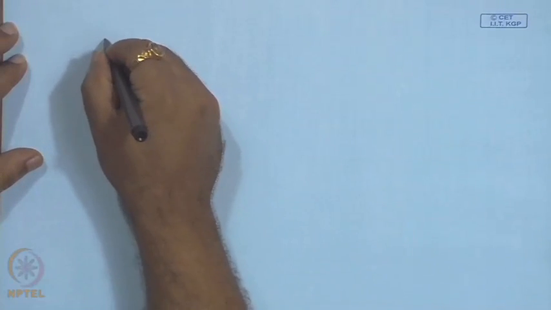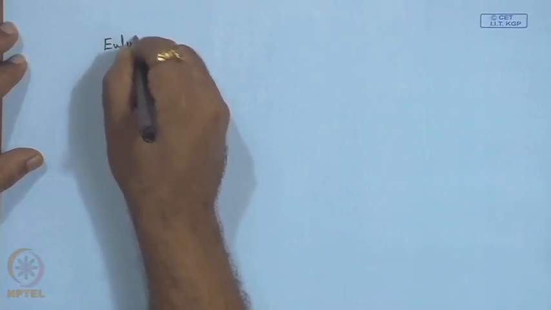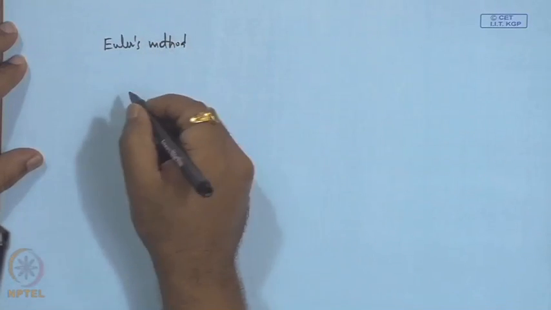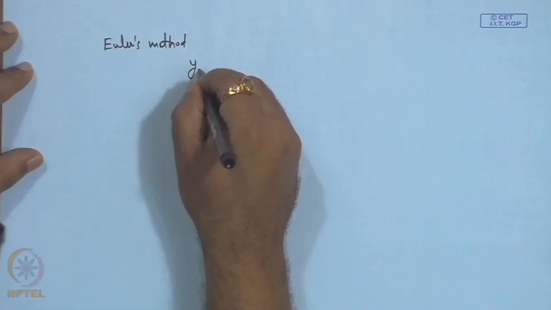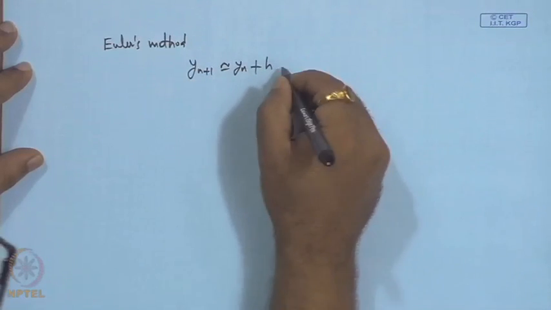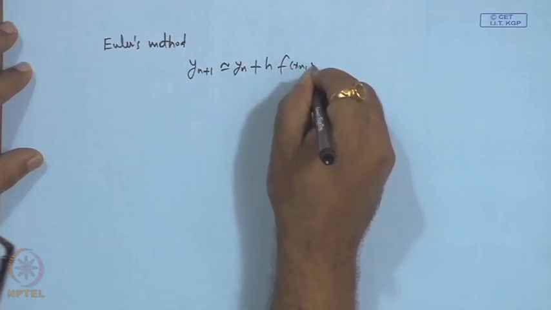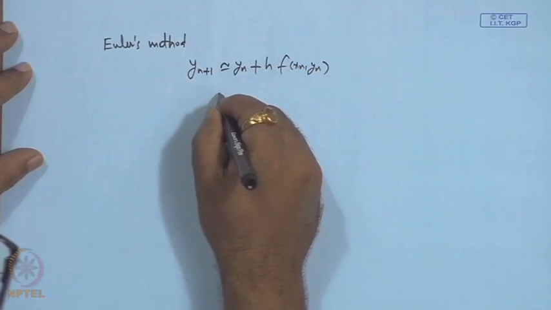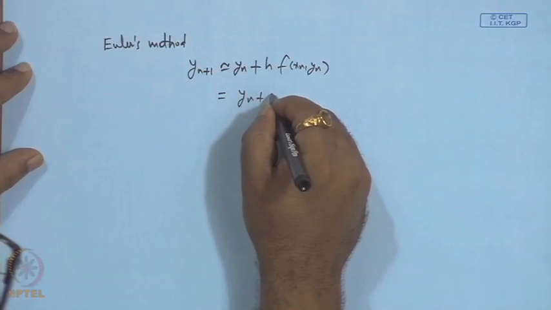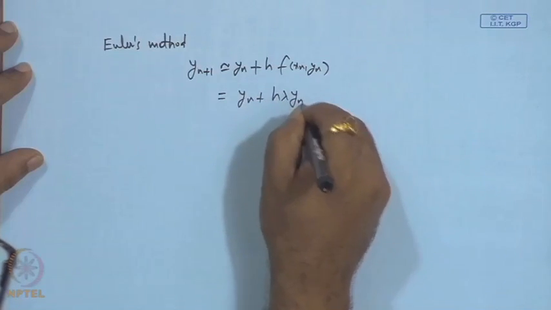So, take Euler method, y n plus 1 is y n plus h f, which is equal to y n plus h lambda y n.